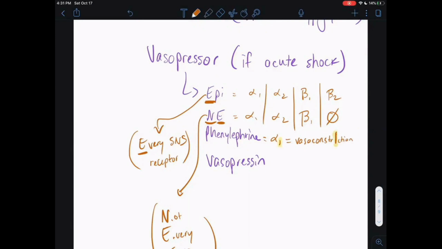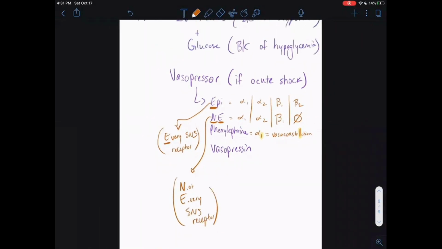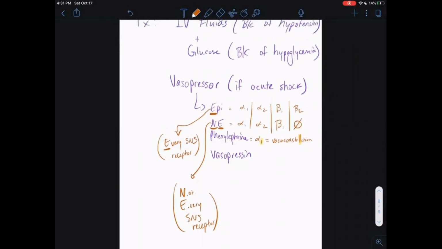And then vasopressin. So where have you heard of vasopressin before? Well, vasopressin is also called antidiuretic hormone. So I'm just going to put here vasopressin, aka ADH. It's the same exact thing. It causes antidiuretic hormone activity as well as vasopressive activity.